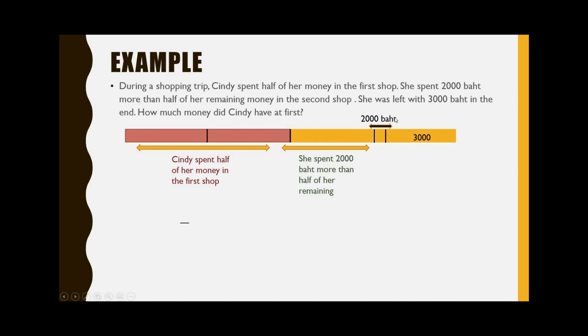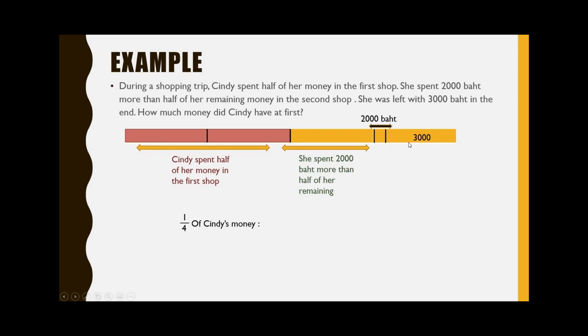We know she spent 2,000 baht more than half of her remaining money, and she had 3,000 baht left. So if we want to find one part of 4 parts of her money, we add 3,000 baht to 2,000 baht, which is equal to 5,000.